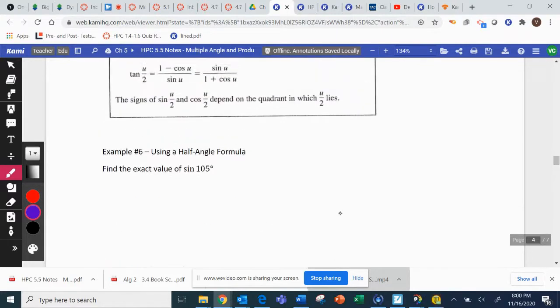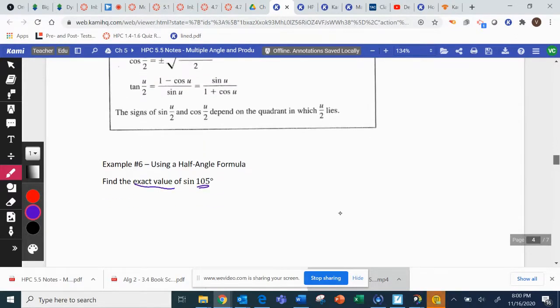Looking at example 6, we're going to find the exact value of the sine of 105 degrees, which I don't know. But I do know that 105 multiplied by 2 is 210 degrees, and 210 degrees has a 30 degree reference angle, and I can find the sine of 210 easily.